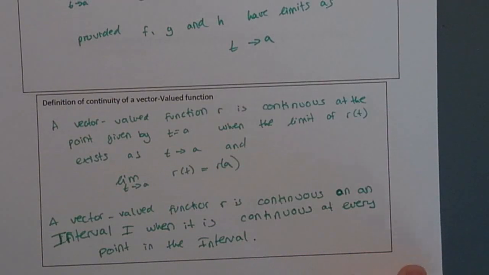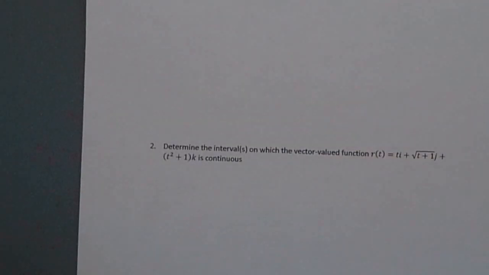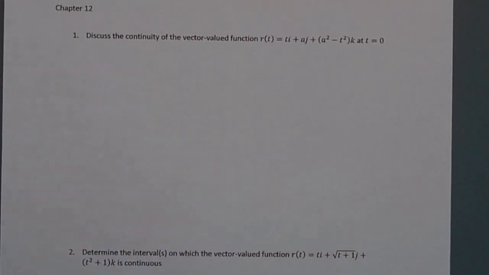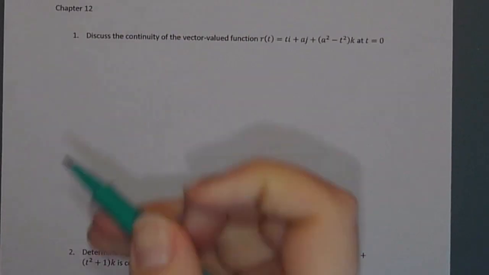Alright, let's look at two problems. So we want to discuss the continuity of the vector valued function R of t at t equals 0. So let's take the limit.